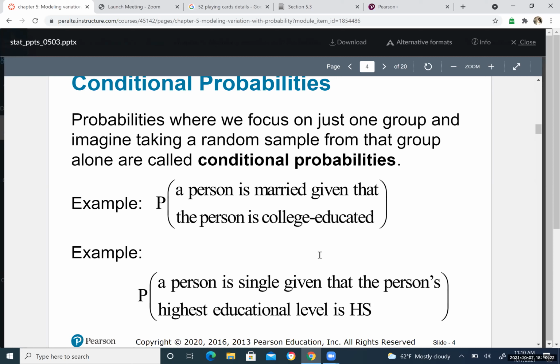So it looks like this. Let me draw a bit so that you can imagine it easier.